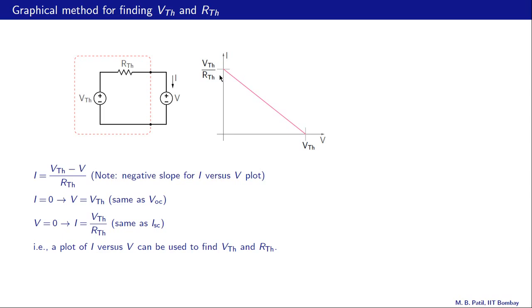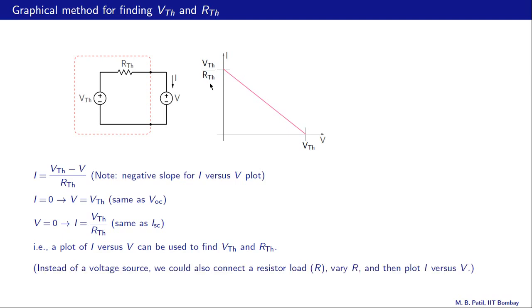And from these two numbers, we can find our Thevenin voltage and Thevenin resistance. And as a remark, let us mention that instead of a voltage source here, we could have also connected a load resistor, say R, varied that resistance, and then plotted I versus V again. We would get the same plot once again.